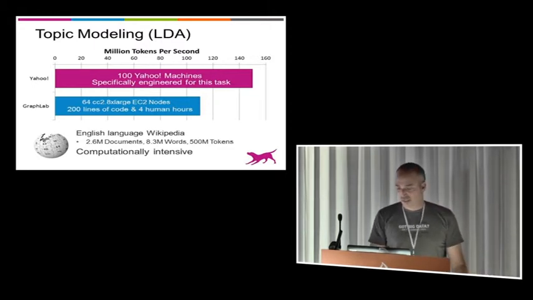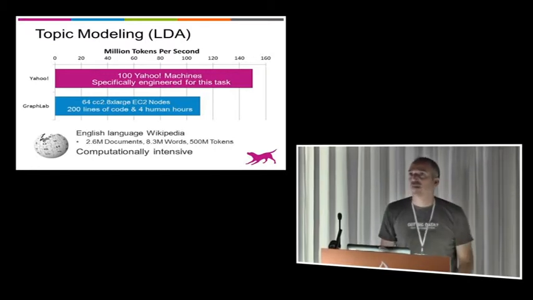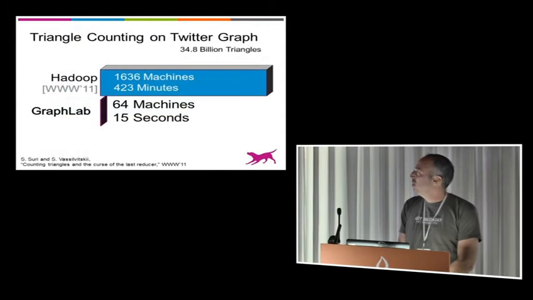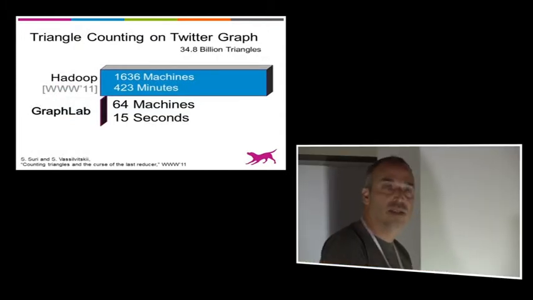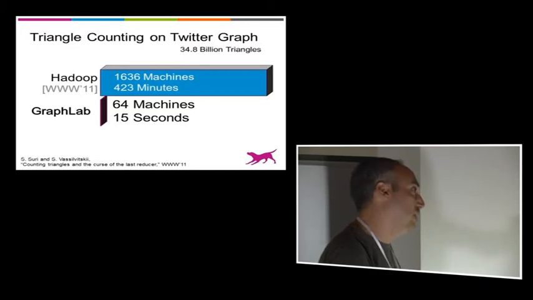The last performance example is another work by Yahoo, published 3 years ago at the WWW conference, where they performed the triangle counting task I mentioned. It's an exact algorithm. They have a huge Yahoo cluster with more than 1,600 machines, and they run the triangle counting and get a number of how many triangles are in the network.